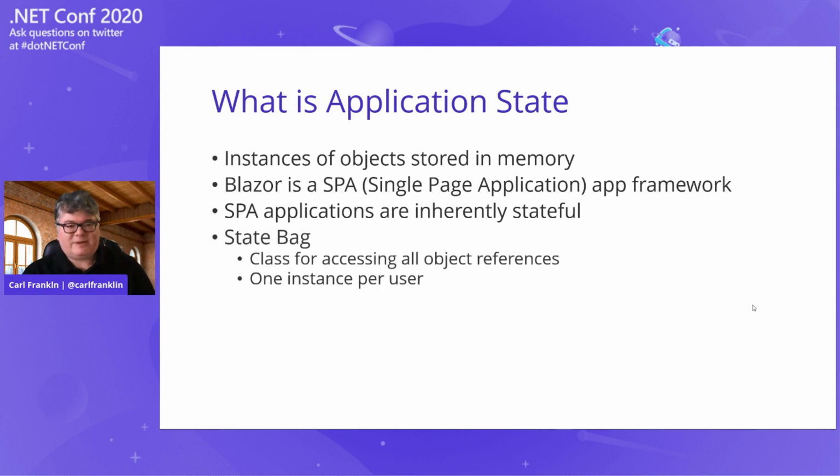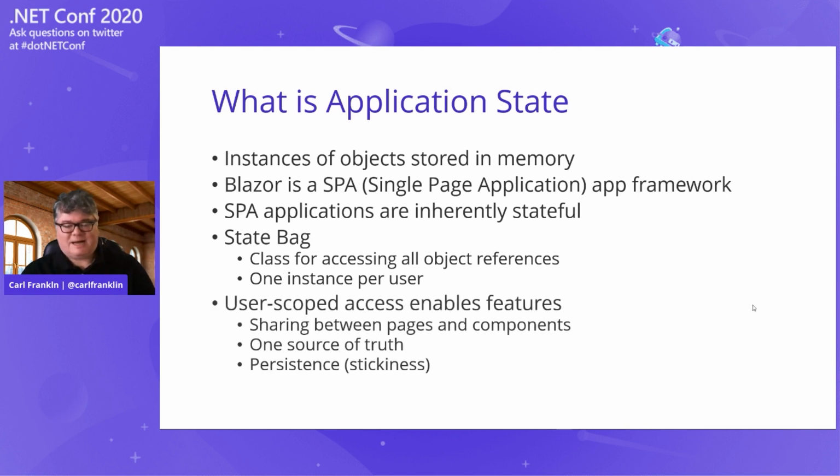So what we're going to be doing is creating a state bag. A state bag is just a class for accessing all the object references that you want in your application. And the idea is that you get one instance per user, so one user is not sharing that state bag with another user.